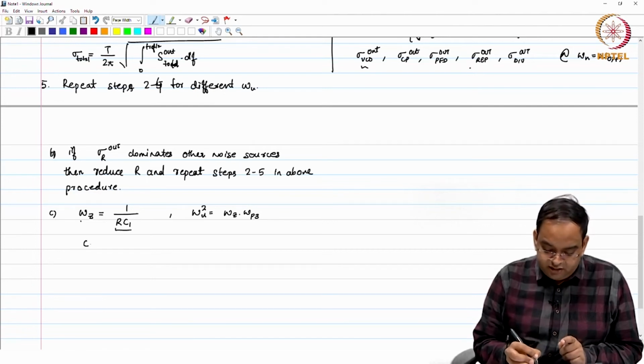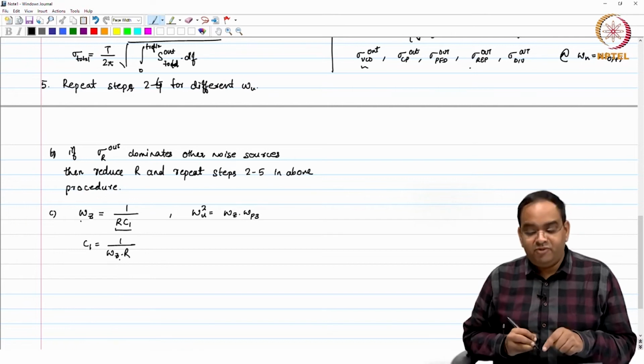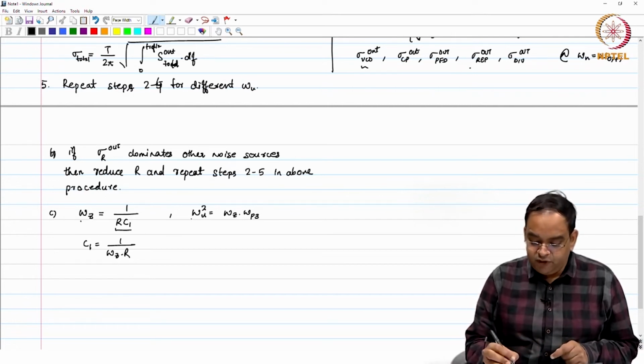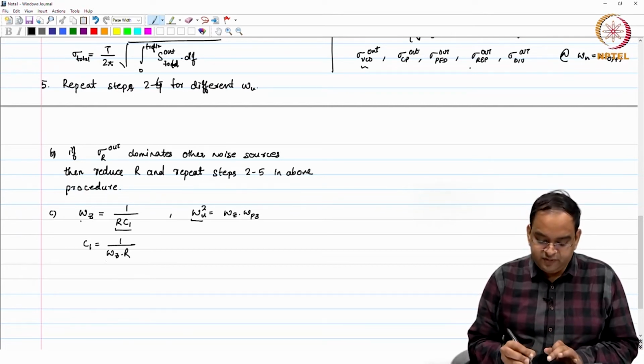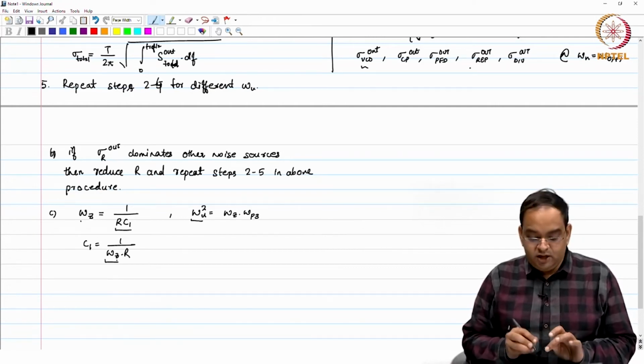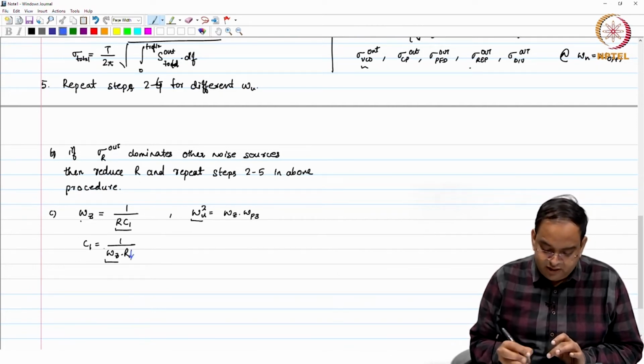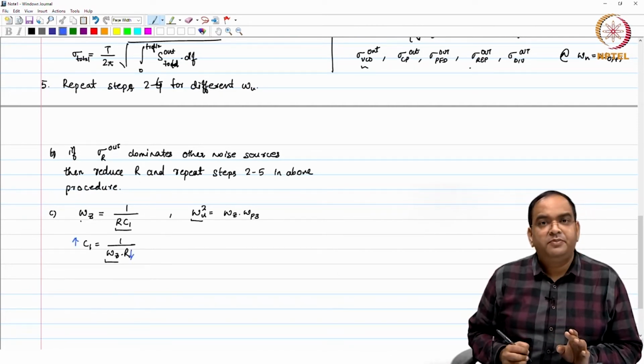So, here C1 is 1 over omega z times R. What I am trying to tell you is that for given omega u and phase margin, your omega z is fixed. If omega z is fixed and you reduce the value of R, the value of C1 will go up.